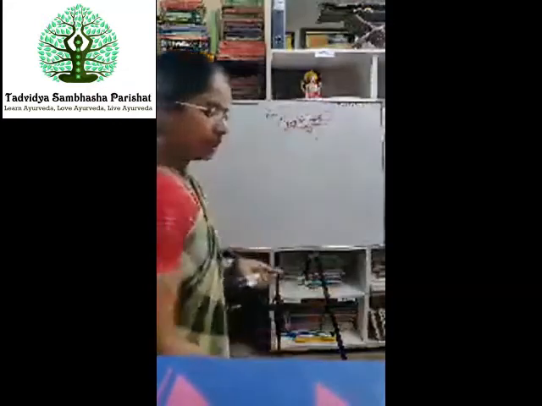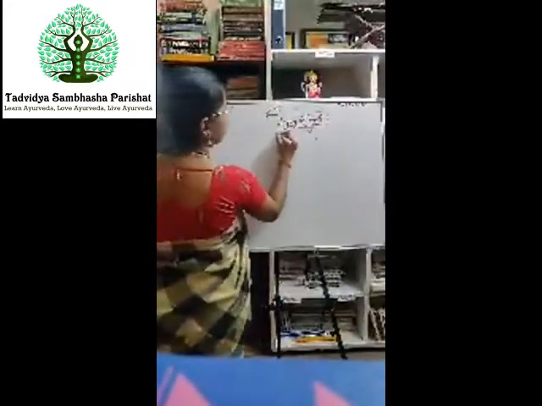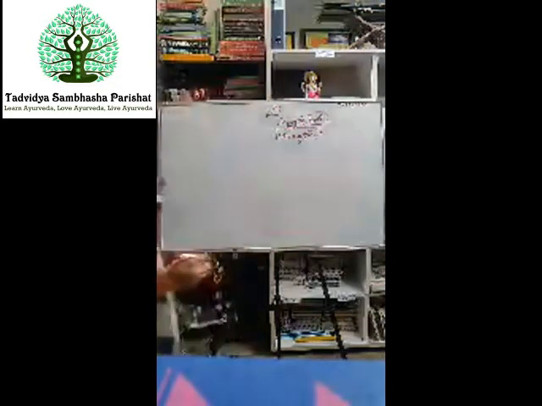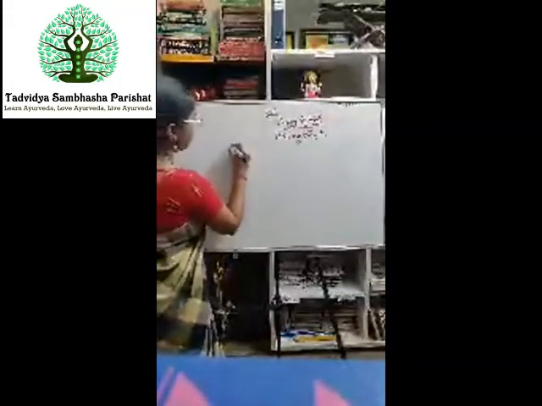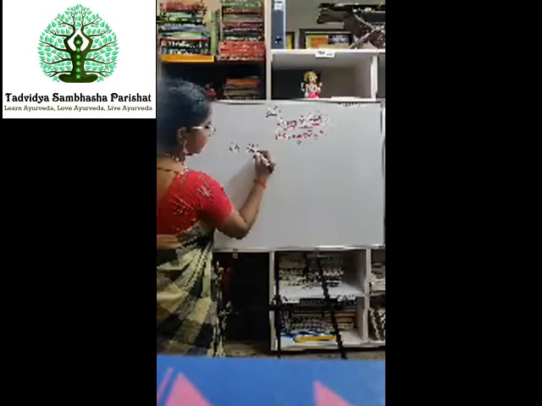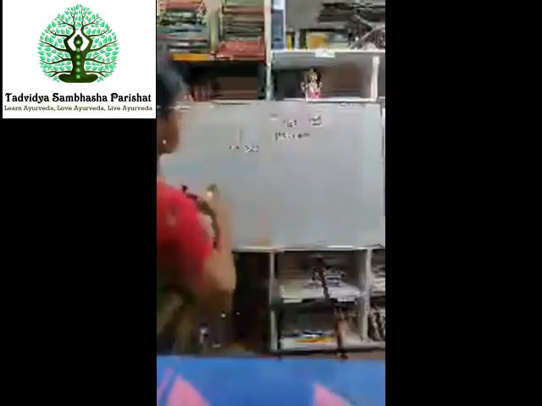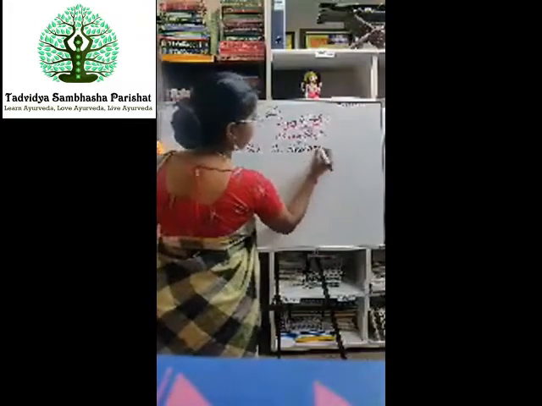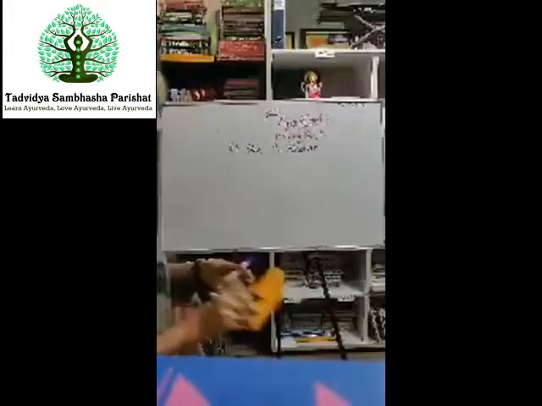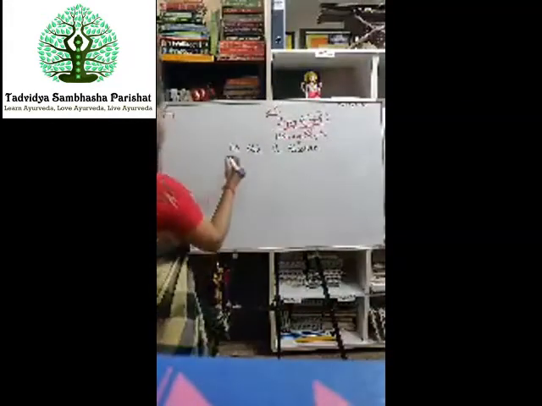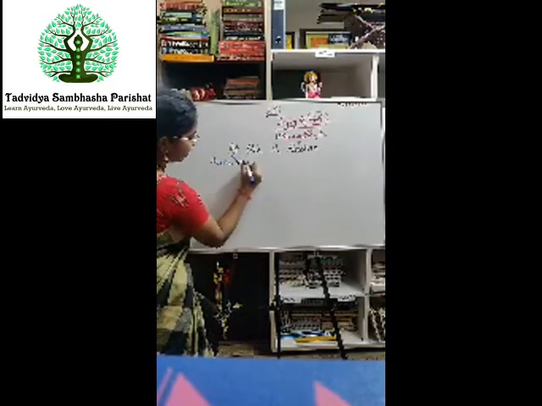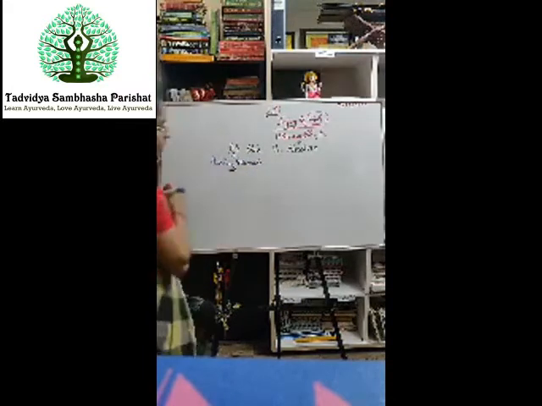Now we see traumatic dislocation. For this we have a mnemonic: AT OUR RE fracture. AT stands for acute traumatic.